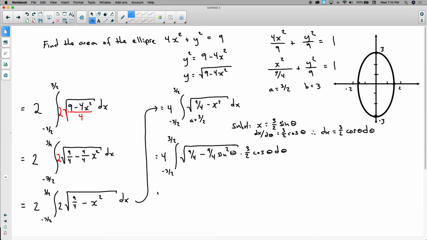Okay, so playing around with these numbers, let's go ahead and take the 3 halves out here to join the 4. And also, in order to do the trig work inside, I'm going to factor out a 9/4 from each piece.